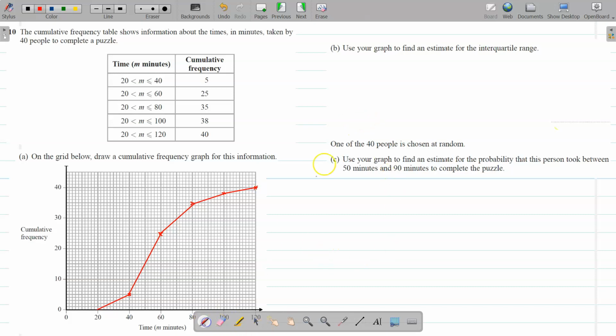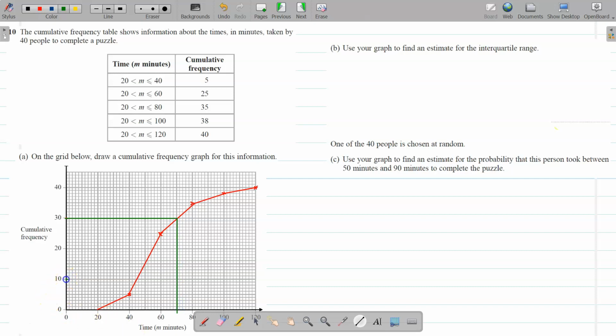Use your graph to find an estimate of the interquartile range. Well, there's 40, so the median is 20, the upper quartile is at 30. I'll do this in a different color. The upper quartile is at 30 and the lower quartile is at 10. So go to the graph and drop straight down, read off what you get.